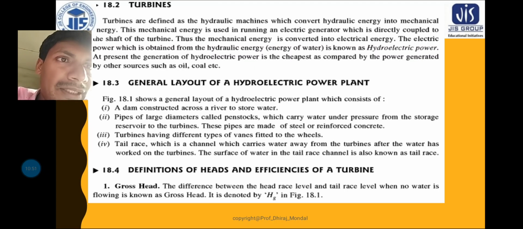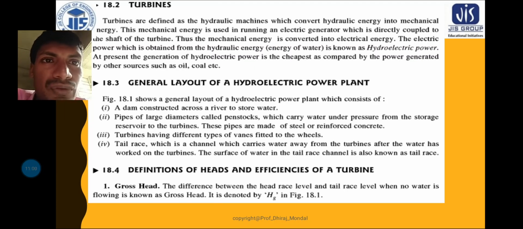These pipes are made of steel or reinforced concrete. If I connect that penstock with the reservoir, the water will enter the penstock, come out through the nozzle and strike the turbine.